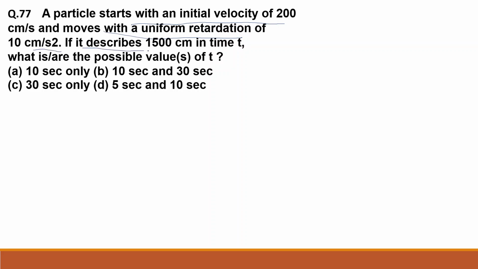If it describes 1500 centimeter in time t, what is or are the possible values of t? First, whatever the given data is, I will write here. U is equal to 200 centimeter per second, and g also is given.